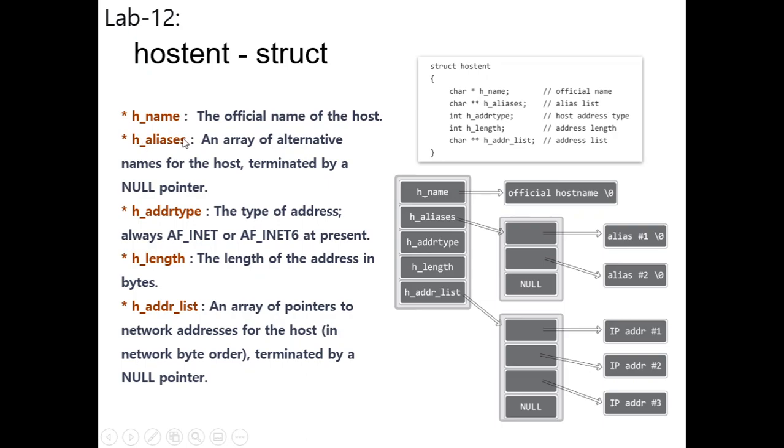The second would be the aliases, which would be equally powerful, textual, human readable names of the server as the official name, and the address type and address length, which are just the IPv4 properties. The address list would be the machine readable dot separated IP addresses like 129.27.0.1. Those would be the result of the DNS query and DNS response. The values inside the h_addr_list field would be filled after the DNS query.